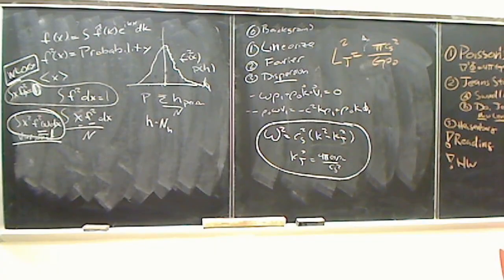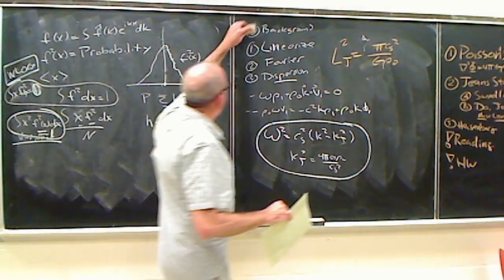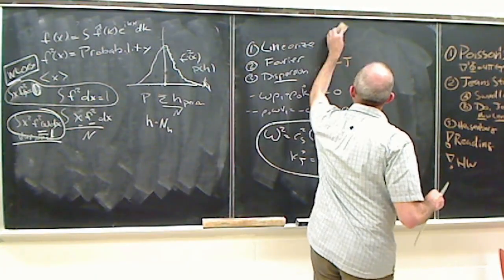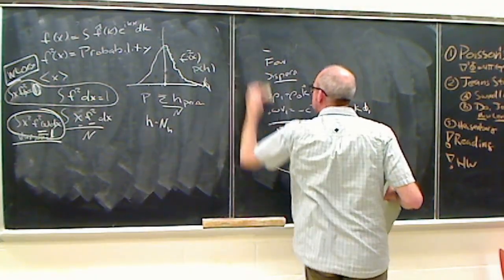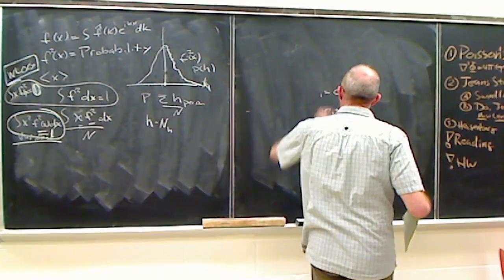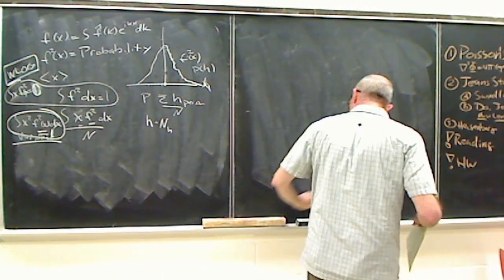I can just do that by changing the units of the problem to make it look like what I want. So now I'm going to go over here and start with a fresh board where my board management doesn't suck. Okay.